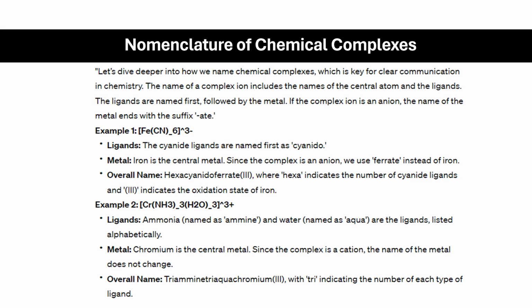So -6 plus +3... 6 minus 3 is 3, +3. So it would be triammine triaqua chromium(III).